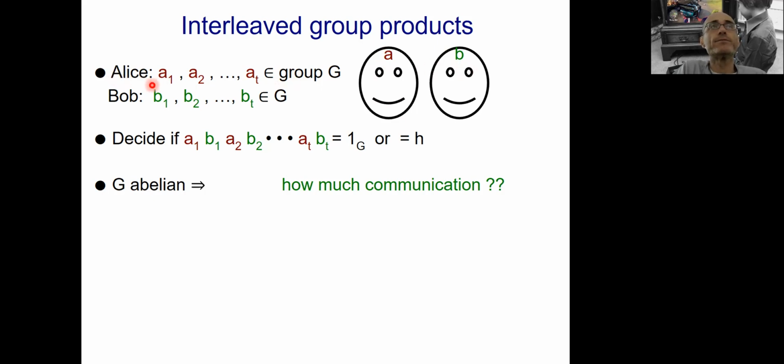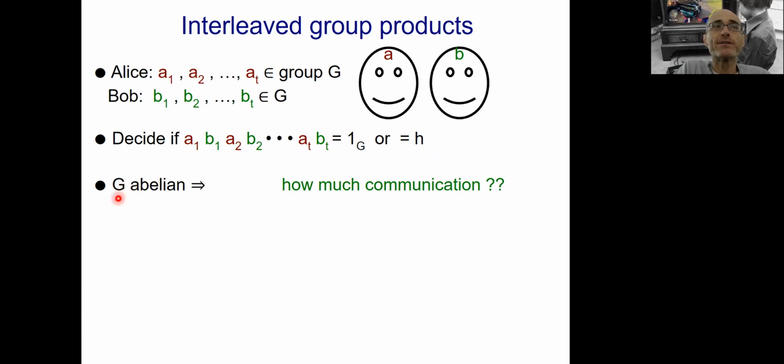Alice receives as input a tuple of elements, A1, A2, up to At, from some group G. And Bob also receives a tuple of elements, B1, B2, up to Bt, from the same group G. They want to decide if the interleaved group product, that is A1 times B1 times A2 times B2, all the way to At times Bt, is equal to 1, the identity element in the group, or some other fixed element in the group. Now, the communication complexity of this problem depends on the group.